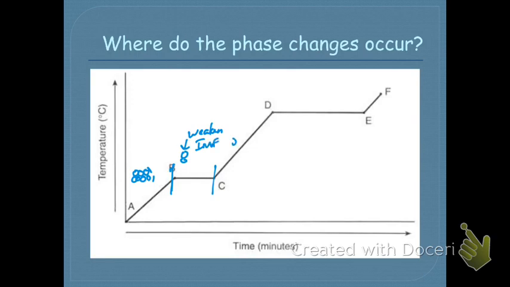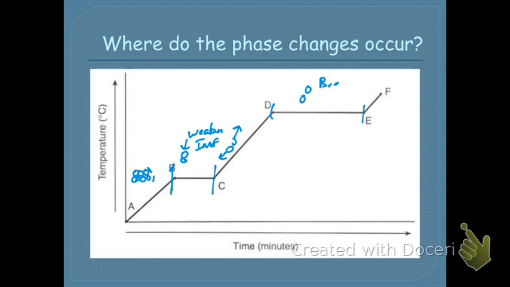And so now the particles, once they all become liquid, start moving faster and faster until they get to their boiling point or the evaporation point. At that point, the energy is being used to break the IMF.